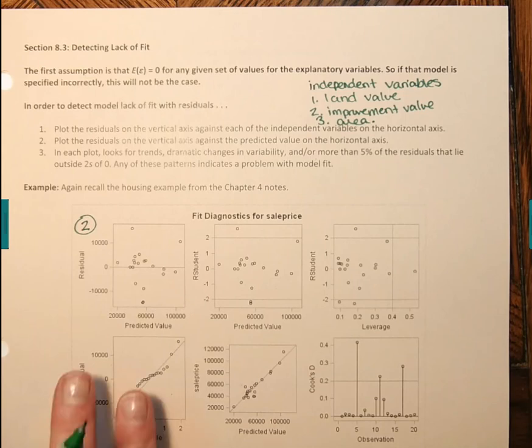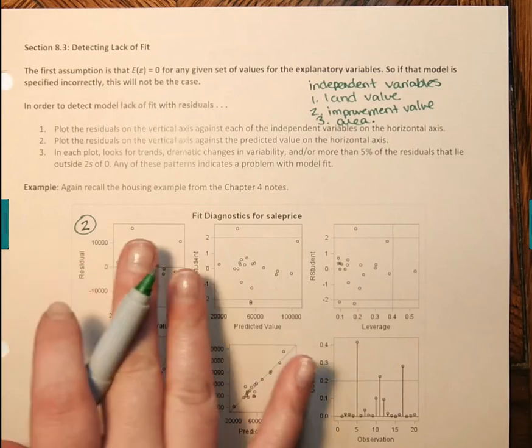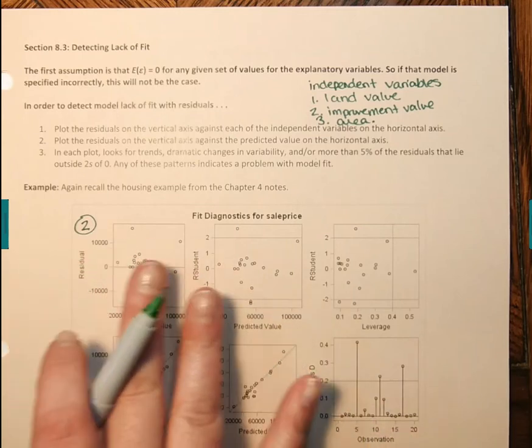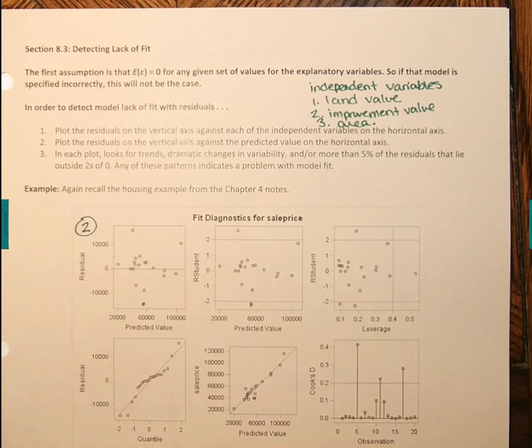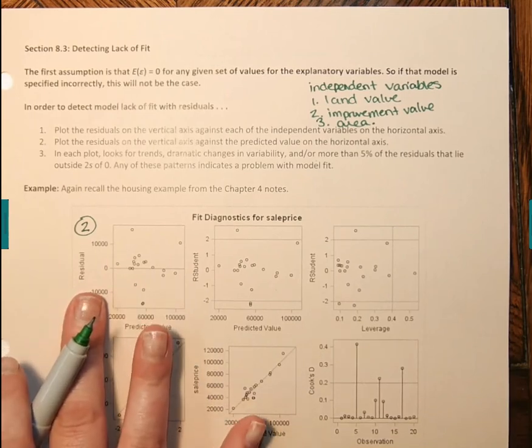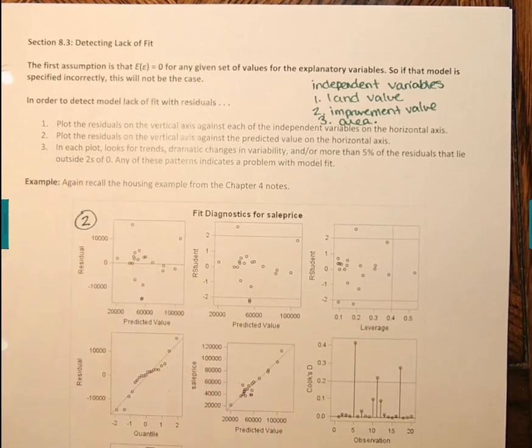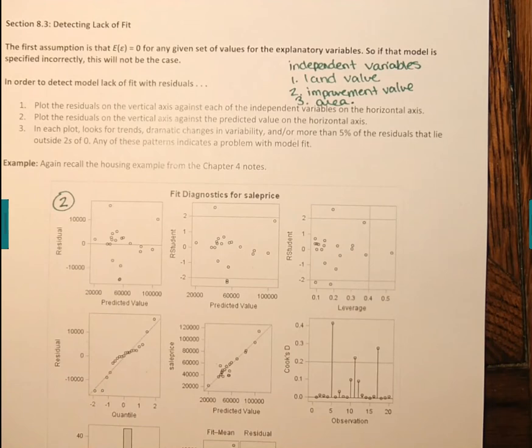So looking at this plot, I'm not too terribly concerned. This looks fairly random. We're not too far away from 0, or at least, 5%. So I'm not too concerned looking at this plot right here. Now let's look at the first one. We're going to move to the next page.